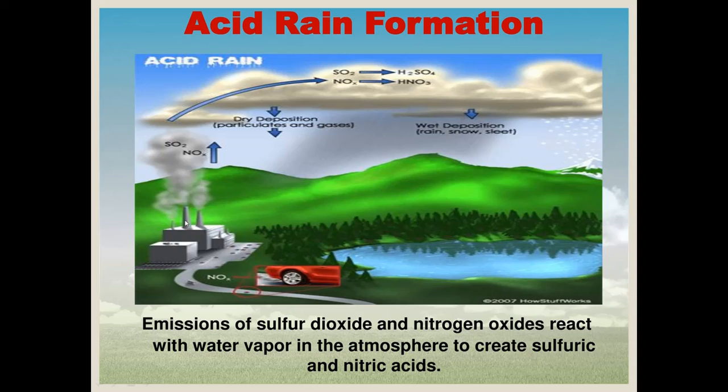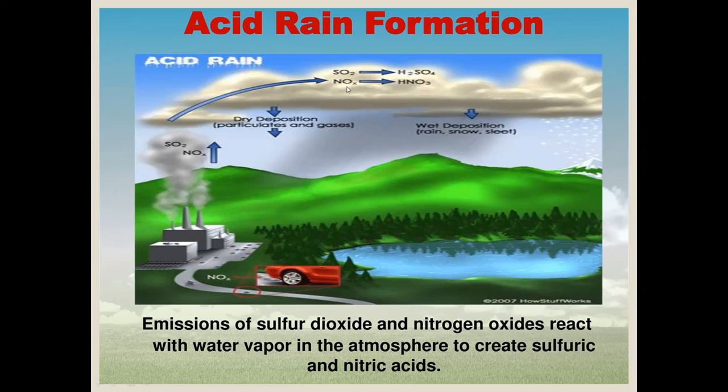Here you can see in the image the oxides of sulfur, SO2, and oxides of nitrogen, which come out as a product along with the emission. Here it mixes with rainwater. Sulfur dioxide mixes with rainwater, H2O, and forms sulfuric acid, H2SO4.